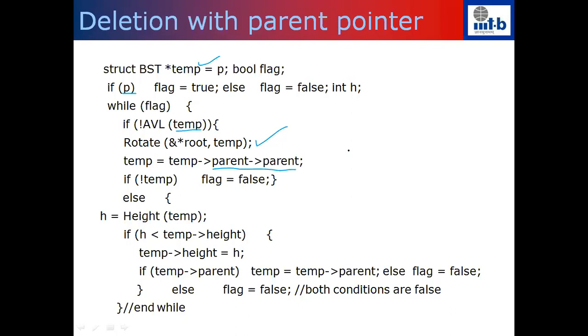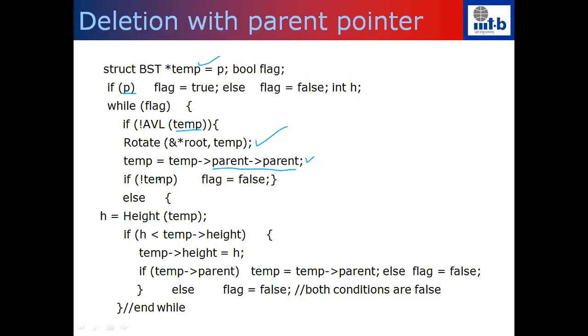It will be a child of a node of the subtree. The subtree root will be either the node y or x. So if you want to actually go to the parent node, then you have to go to the parent of parent, right? So update the current pointer as parent of parent after you do the rotation.